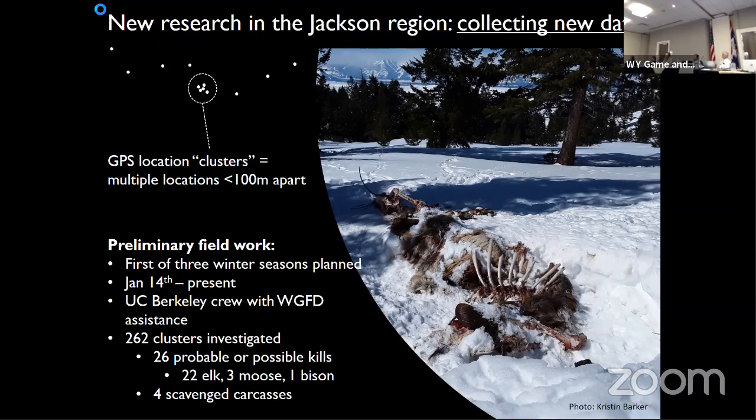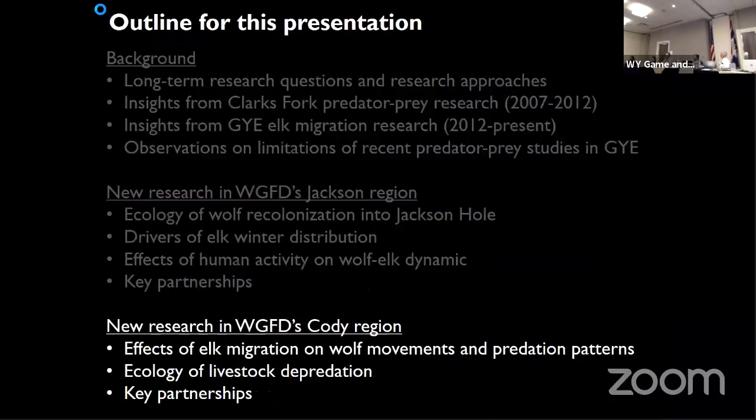They've looked at a few hundred predation location clusters and identified 20 some, now it's more probable possible kills: elk, moose, bison. So we're just starting to get that off the ground, in a tough winter in Jackson with the snow levels, but it's pushing through it.